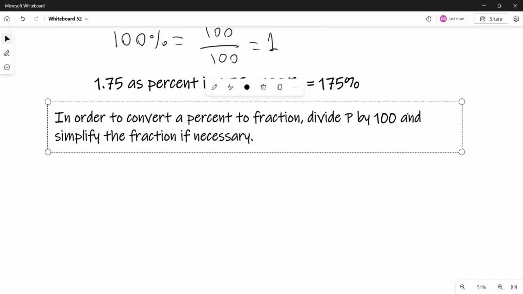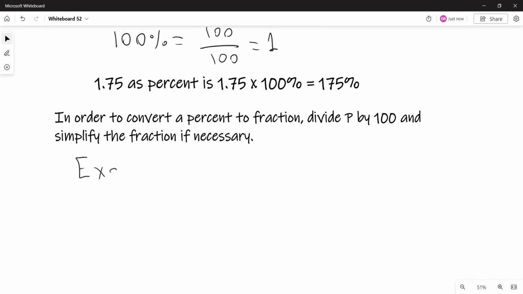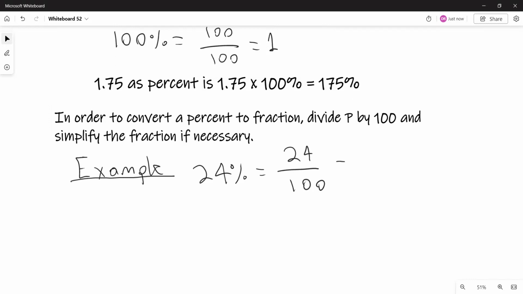So 24%: 24% is 24 divided by 100. From the divisibility rules, we know that both 24 and 100 are divisible by 4. So 24% as a fraction is 6 over 25.